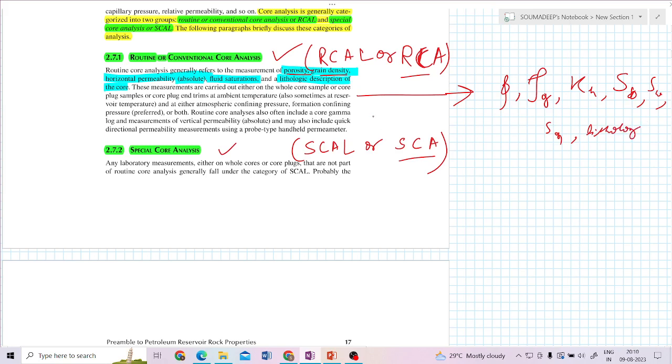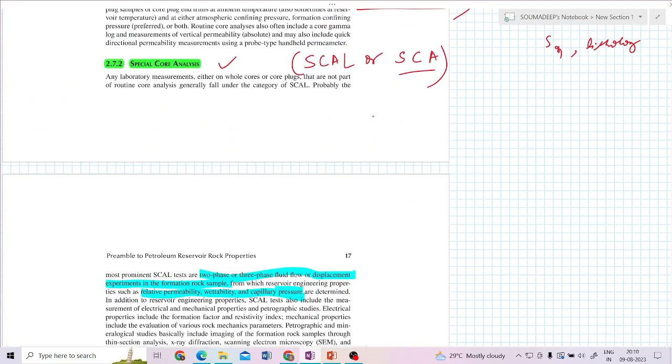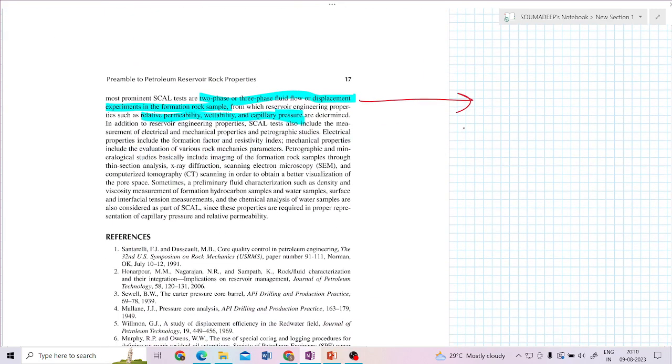From special core analysis, we basically get the relative permeability, the wettability, and the capillary pressure. We will discuss wettability, capillary pressure, and relative permeability in the upcoming lectures.